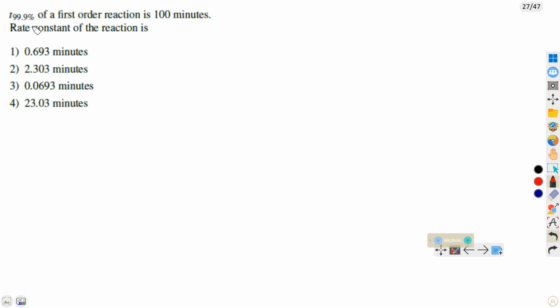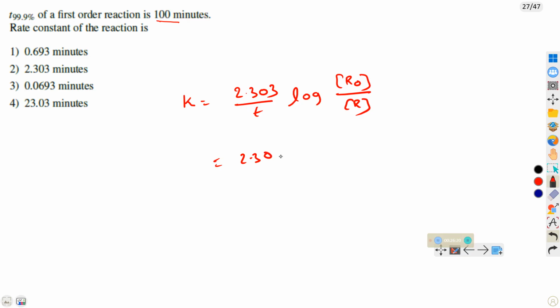The time for 99.9% completion of a first order reaction is 100 minutes. Calculate the rate constant. k equals 2.303 by t log of R naught by R. 2.303 by 100 log of initial concentration 100, final concentration 0.1.